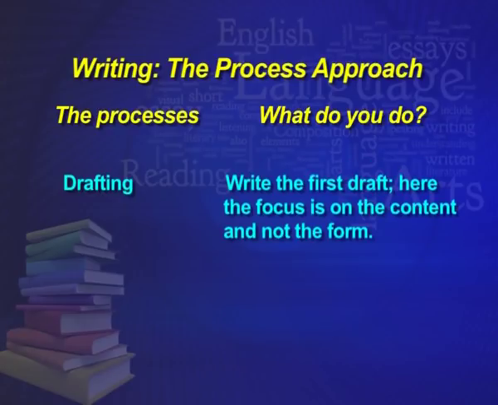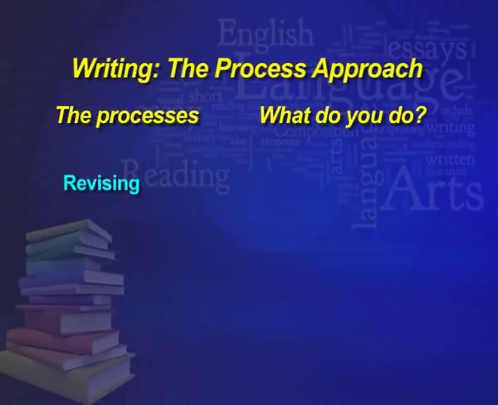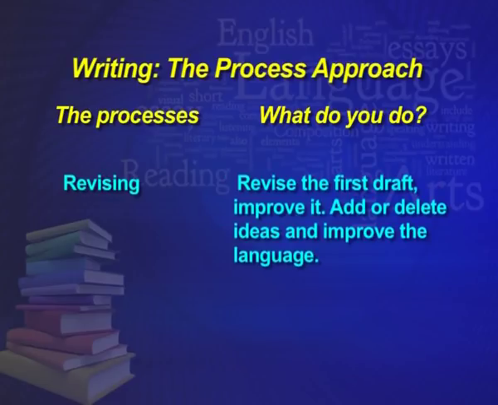There the focus is on the content, not the form, meaning do not bother about language mistakes and errors now. Then the next stage, revising: revise the first draft, improve it, add or delete ideas and improve the language.